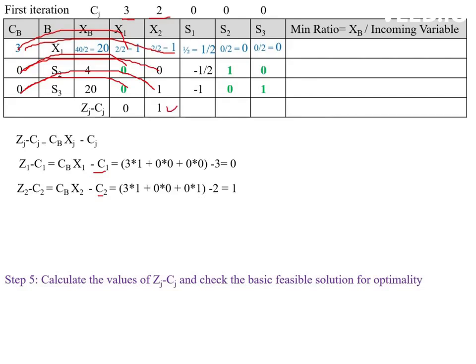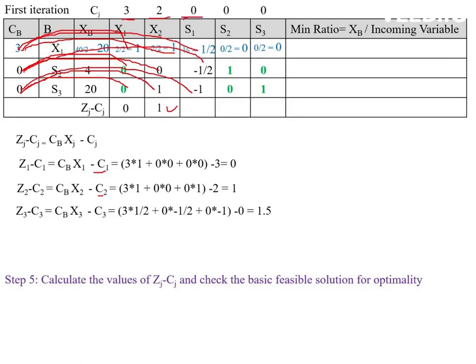Next we find Z3 minus C3, which equals CB X3 minus C3. CB X3 is 3 into 1 by 2 plus 0 into 1 by 2 plus 0 into minus 1, minus C3. C3 value is 0. So Z3 minus C3 becomes 1.5. Enter 1.5 here.